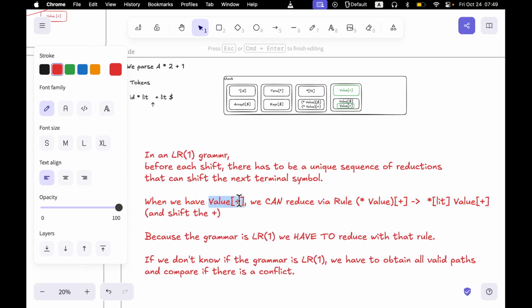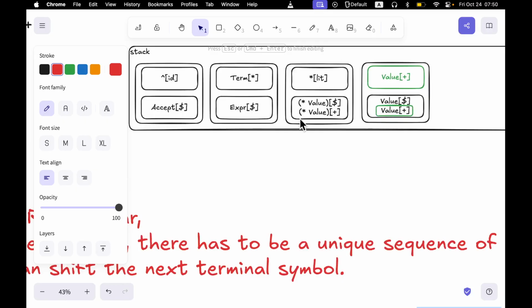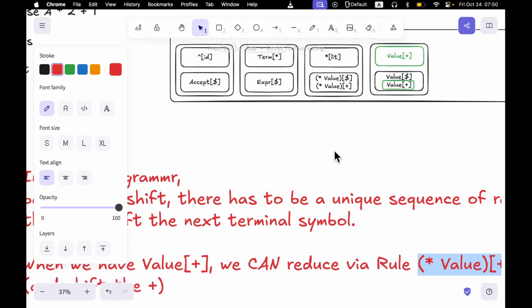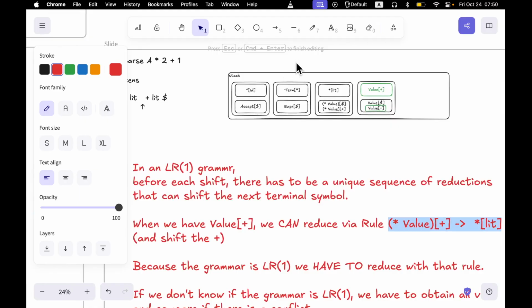When we have value plus, we can reduce this using this rule. And then we will have a star value, and then we can reduce once more using another rule. And then we are able to shift the plus character.